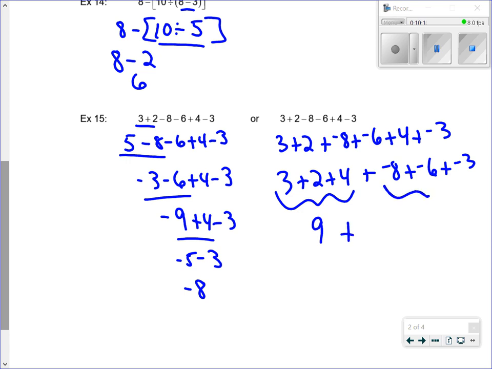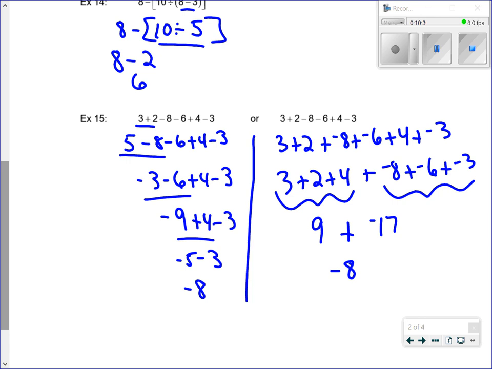You can add all of your negatives together. They're all going to be negative. You add them up. 8 plus 6 is 14, and 14 plus 3 is 17. So this is going to be negative 17. And then you only have to subtract once, and some people find that that's a little bit easier. You don't have to do both of these methods. You could do one or the other.